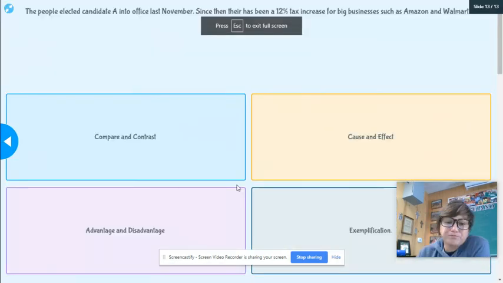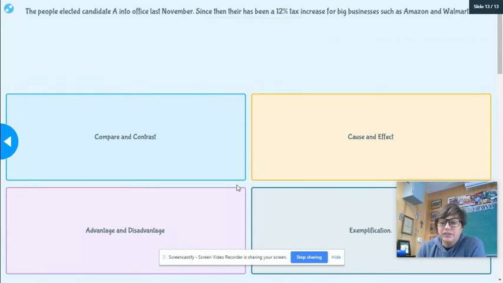Okay, so what you're doing is you're looking for what type of organizational pattern is in these two sentences. The sentence says, the people elected candidate A into office last November. Since then, there has been a 12% tax increase for big businesses such as Amazon and Walmart.